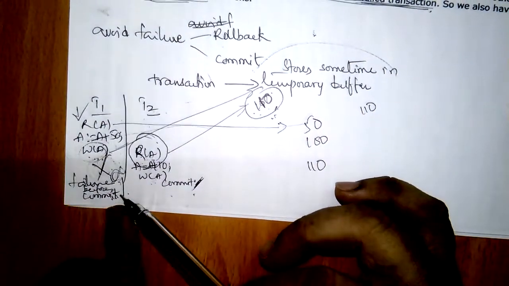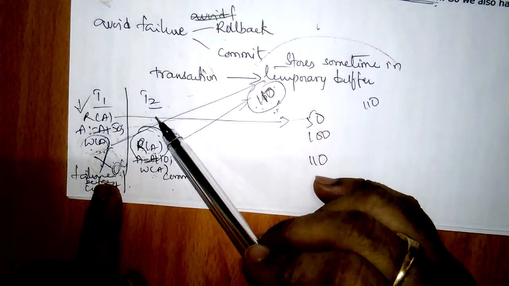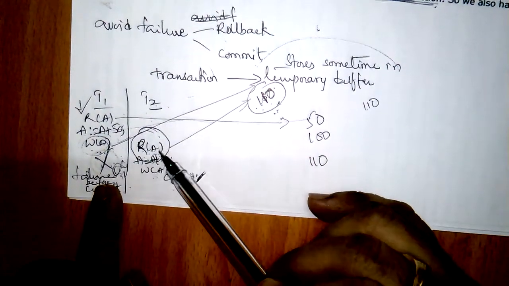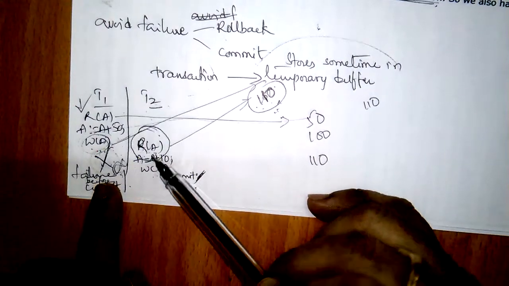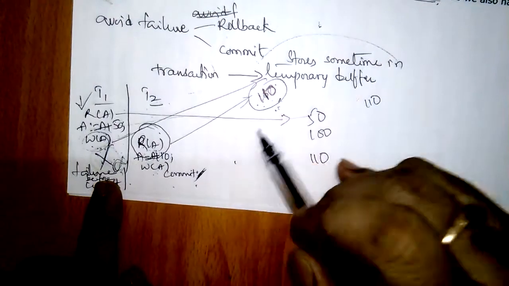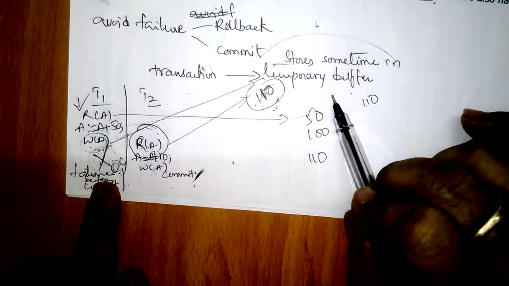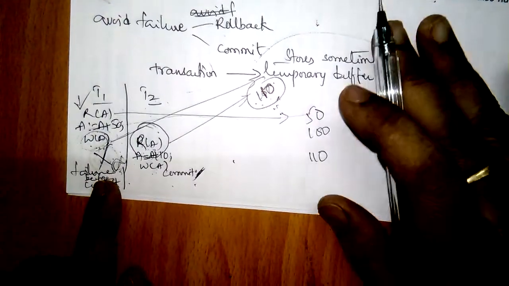So before permanently storing in the database, the transaction is trying to read an item A, which is temporarily stored in some buffer in the storage area. That is partially committed. This is not permanently stored till now.